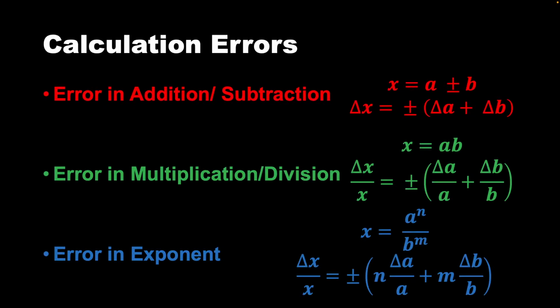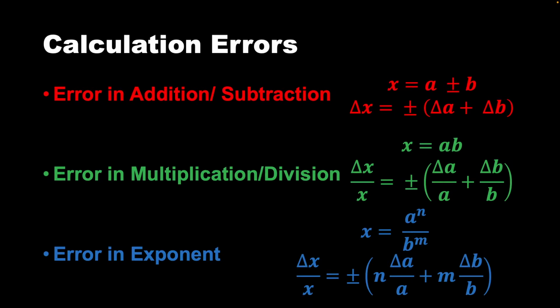Now calculation of errors. If we are doing calculations based on multiple physical quantities, say A and B, where A has an absolute error of delta A and B has an absolute error of delta B, then the resultant error upon subtraction or addition would be delta x equals plus or minus (delta A plus delta B).